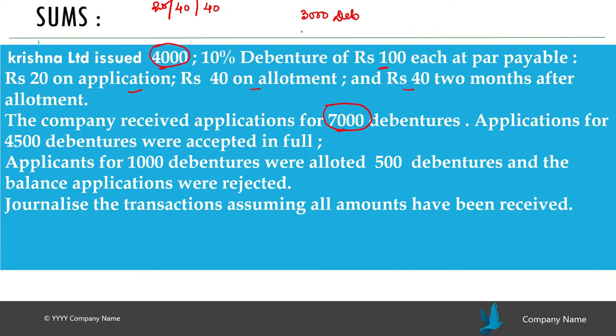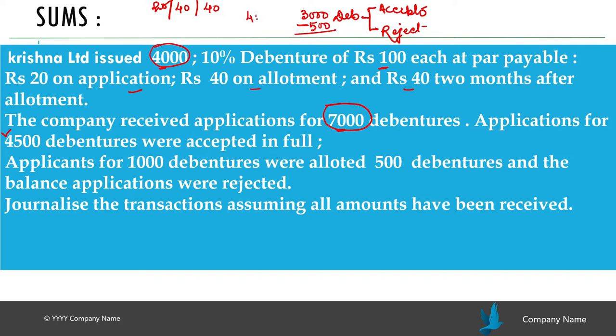In case of oversubscription, if the company receives the money for extra debentures, either the company accepts the money and utilizes it for the allotment value, or the company rejects the entire money. So what is the company going to do? The company will keep the money of 4,500 debentures. Out of these 3,000 extra debentures, the company will utilize the money of extra 500 debentures.